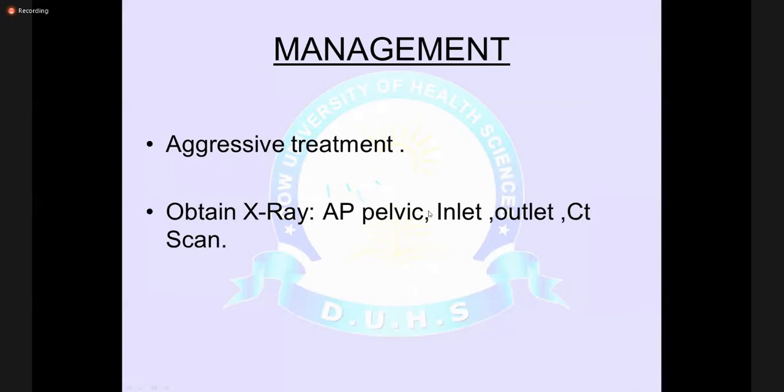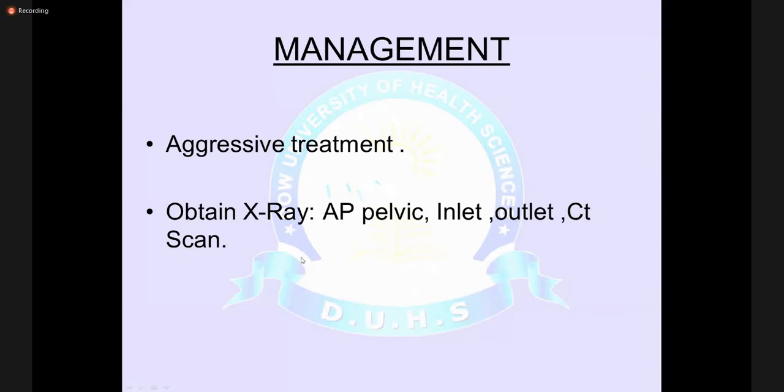The treatment is aggressive because vital structures are involved, like the urinary bladder, the lower end of the large intestine, the urethra, heavy venous plexuses, and neurological structures. How to diagnose?